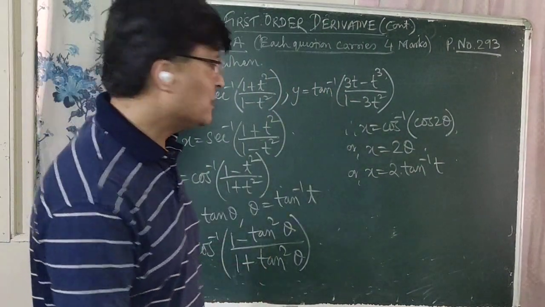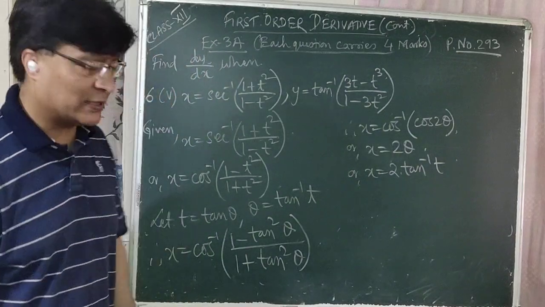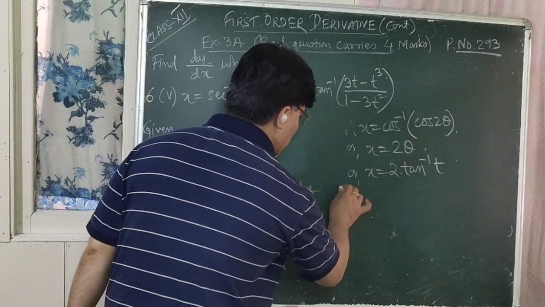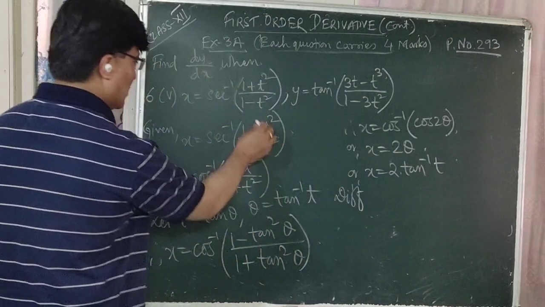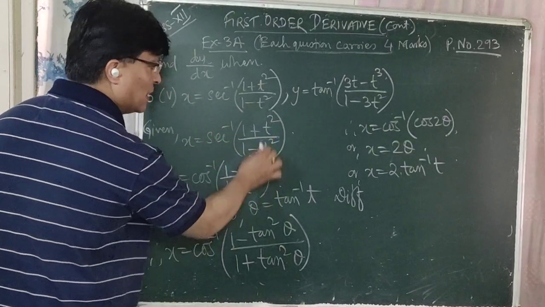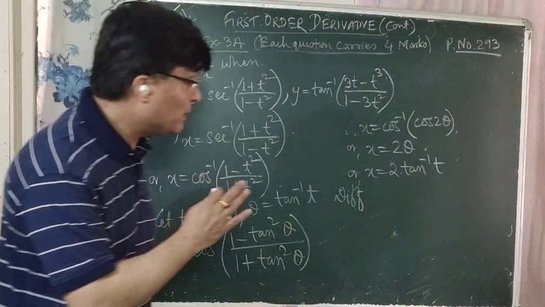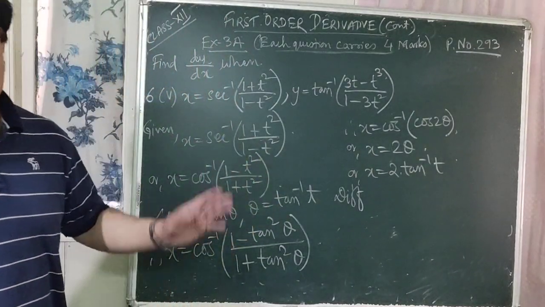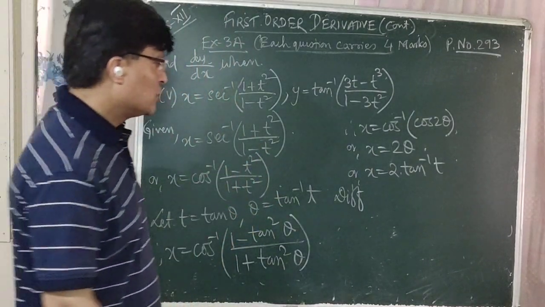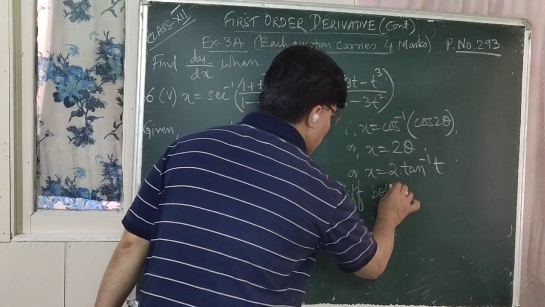So now you can differentiate it easily, isn't it? This expression is simplified and we get x is equal to 2 tan inverse t. So it will be easier for you to differentiate this function.